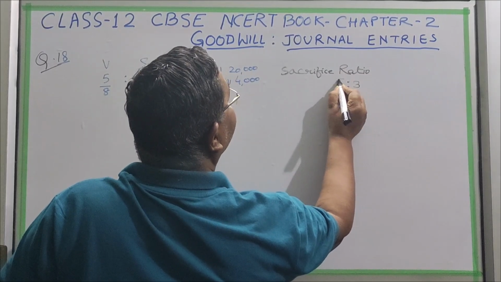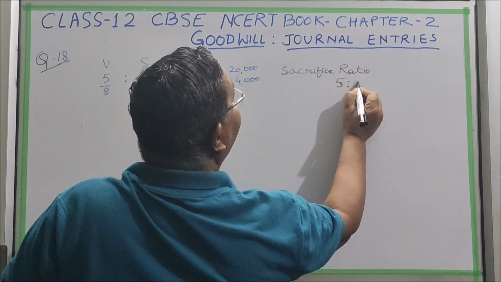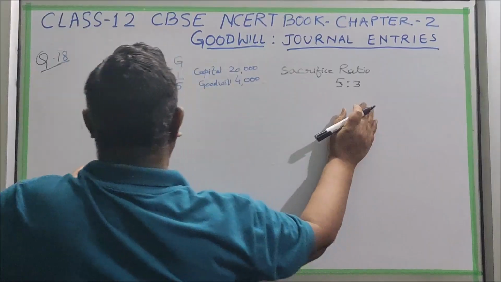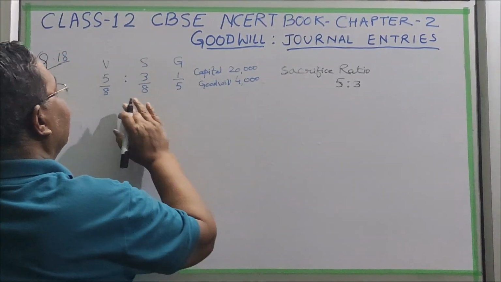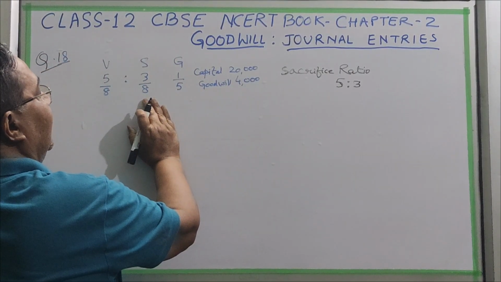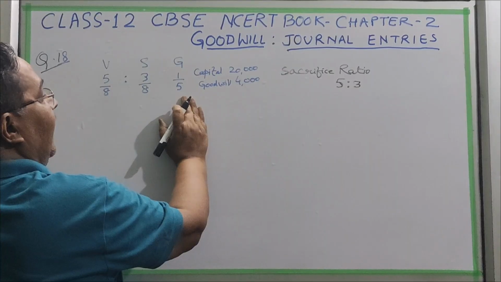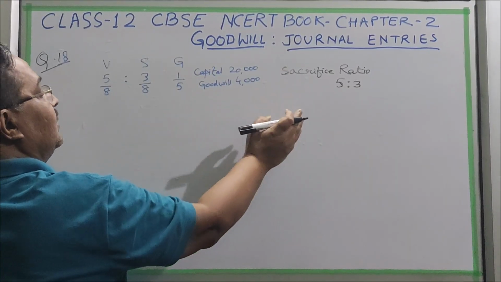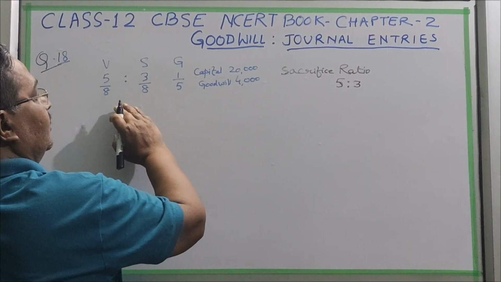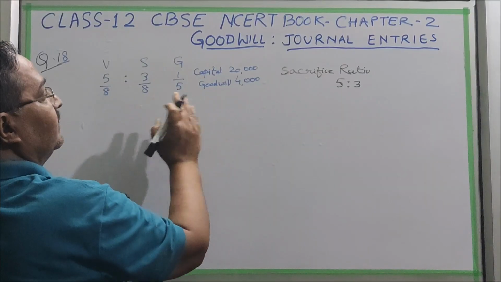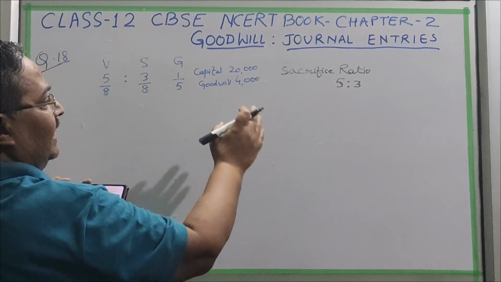We need not go into calculation. Otherwise, if you want to calculate, you first convert to the new PSR, then reduce the old ratio from the new to get the sacrifice, as I told you in the previous video.